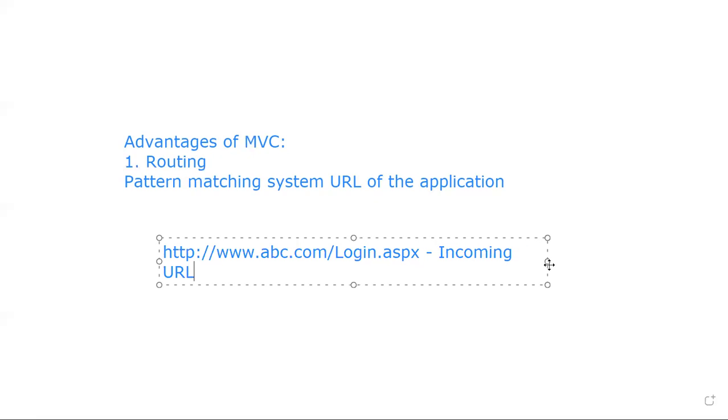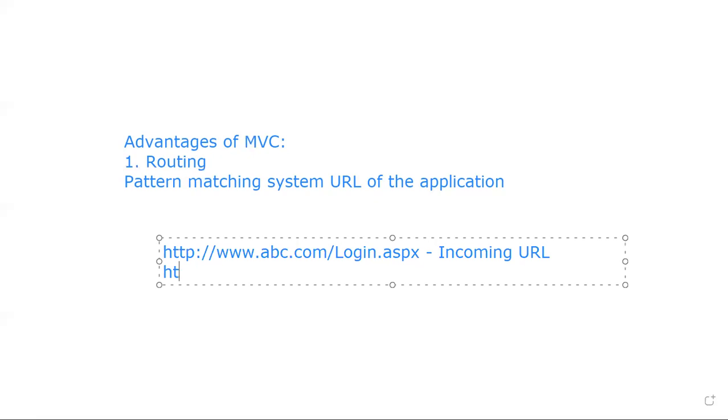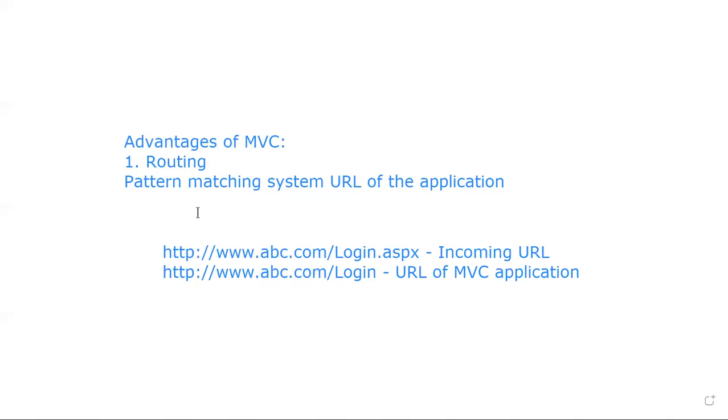So what is the URL in the application? In the application, the URL will be like this: abc.com/login. This is the URL of the MVC application. The routing will map these two URLs. It is a pattern matching system which maps the incoming URL to the URL of the MVC application.